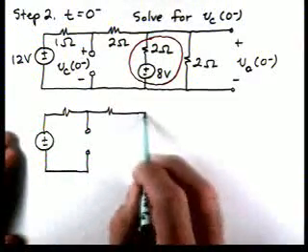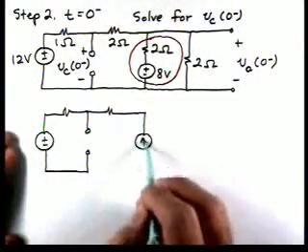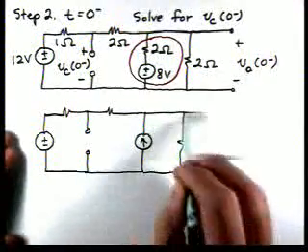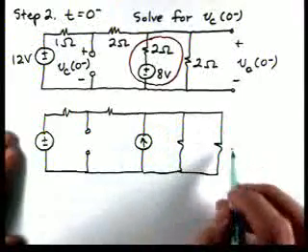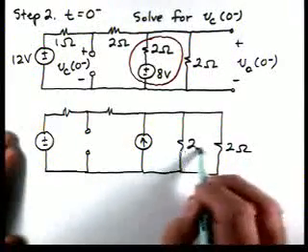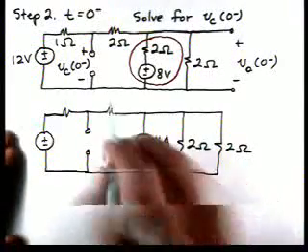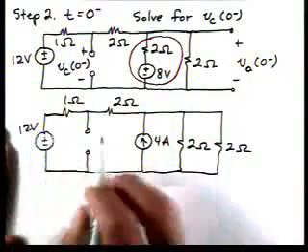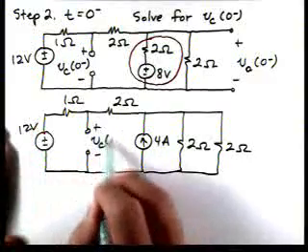Okay, so now our voltage source in series with a resistor becomes a current source in parallel with the resistor. So we're just redrawing the circuit. Again, here's our variable of interest.